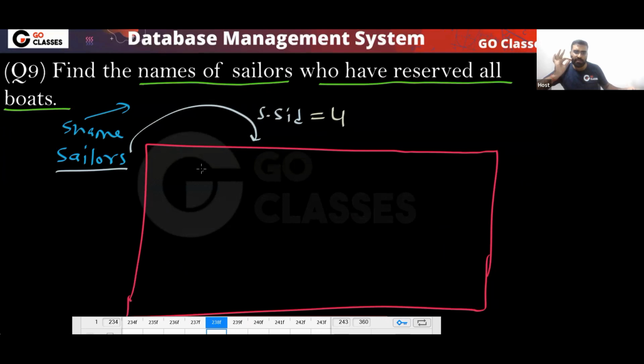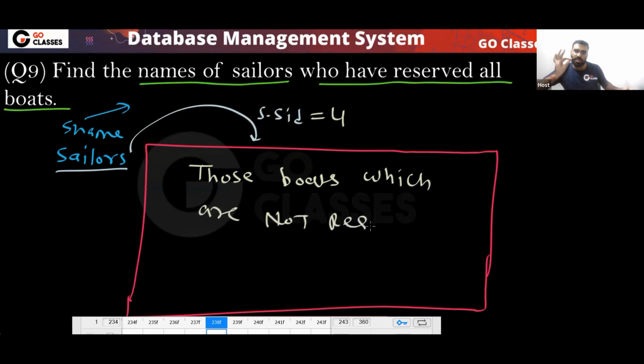Now here you find those boats which are not reserved by SID equal to 4.